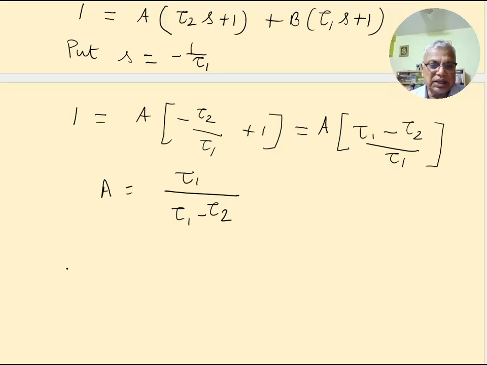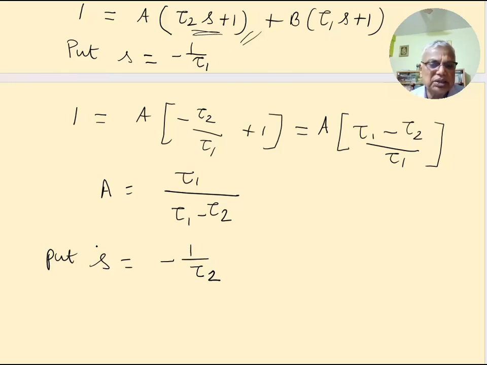Okay, now let us substitute s equal to minus 1 by tau 2. So if you do this, the first term becomes 0, because when you put s equal to minus 1 by tau 2, tau 2 s plus 1 becomes 0. So you are left with only this.